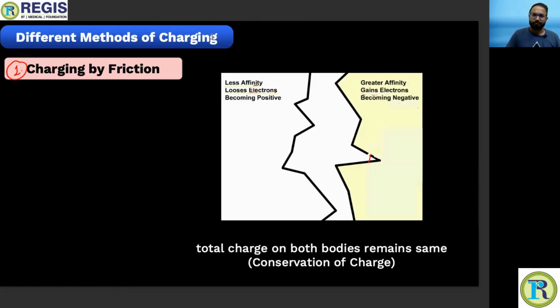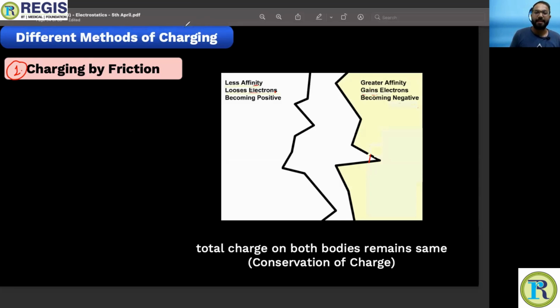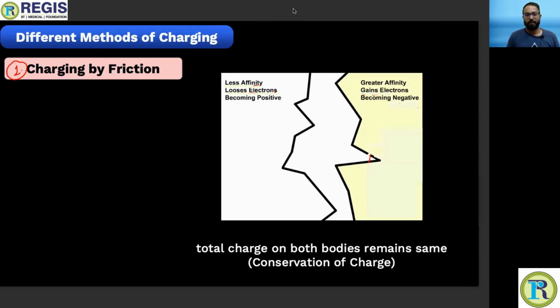So when we are rubbing two objects, one object has less affinity, meaning it can lose its electrons. So it will become positive. And the next object has more, or greater, affinity towards electrons, so it will attract electrons from the other object.